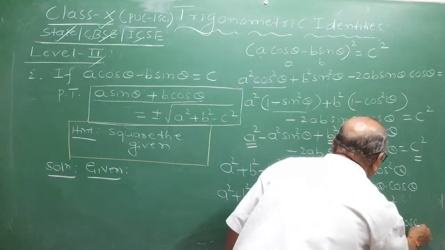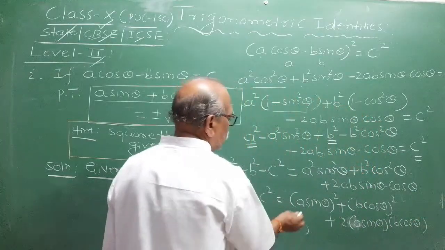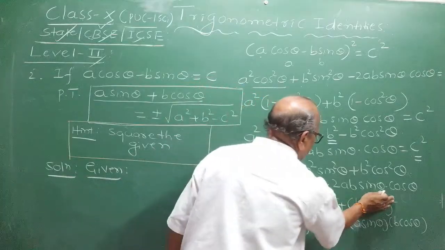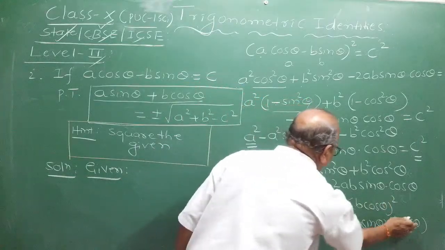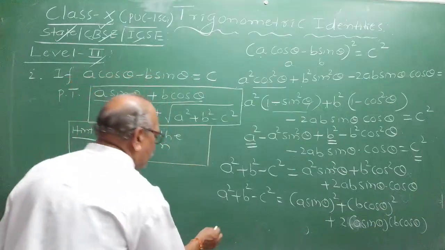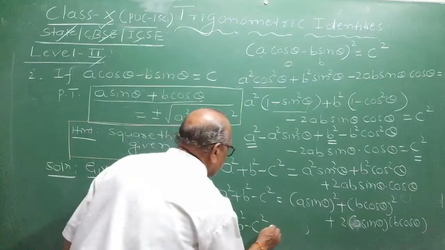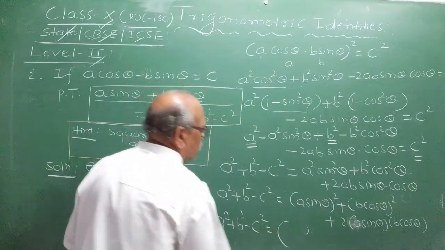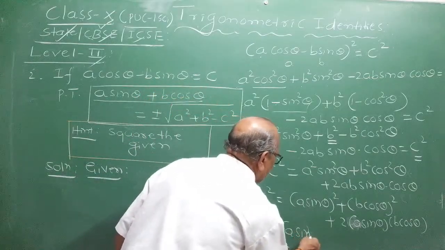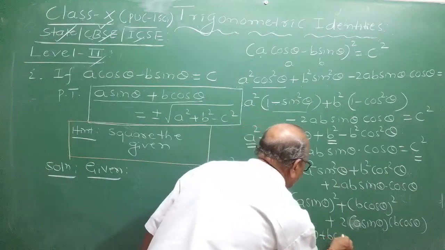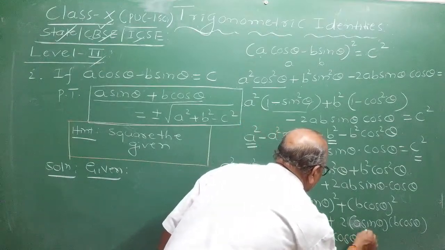It is the expansion of which formula? Is it not in the form of a square plus b square plus 2 times a into b? It is nothing but perfect square of a square plus b square minus c square identity, that is a sin theta plus b cos theta the whole square.